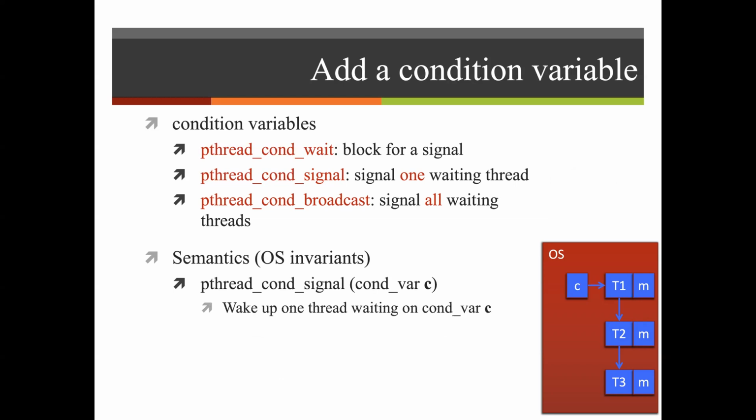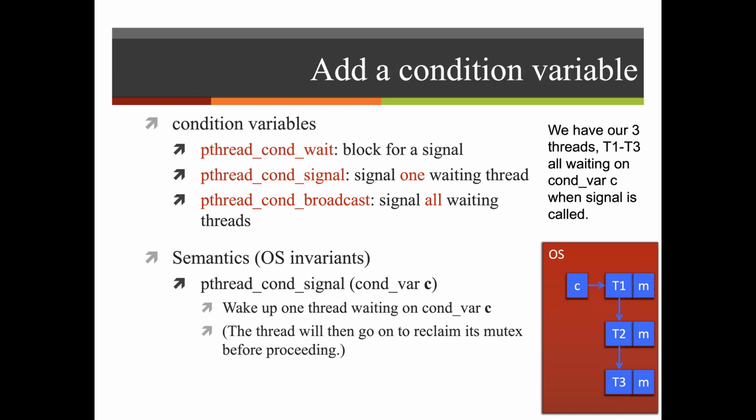So we want to wake up one thread waiting on condition variable C, and then the thread will go on to reclaim its mutex before proceeding. And so now T2 can execute.